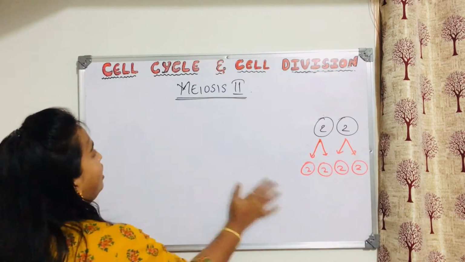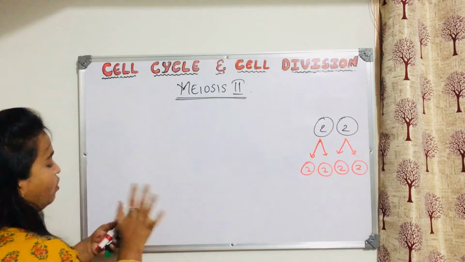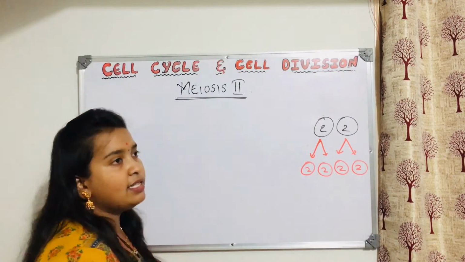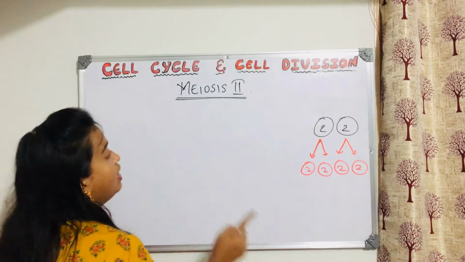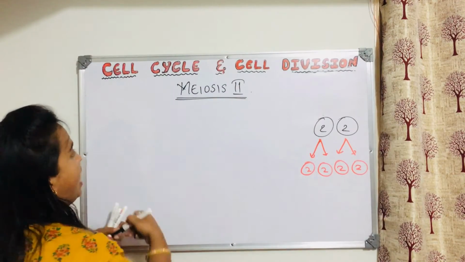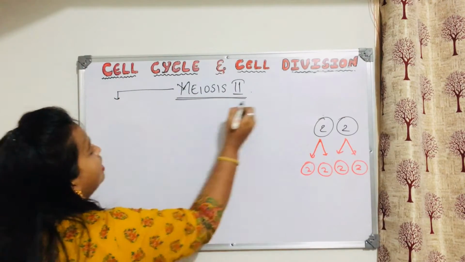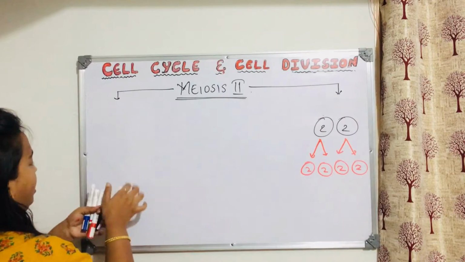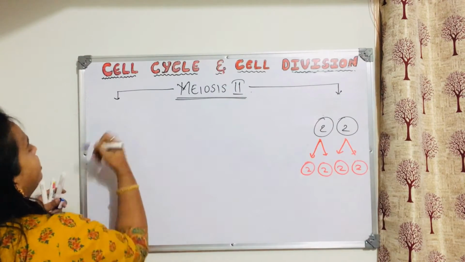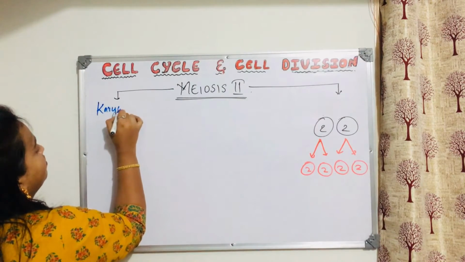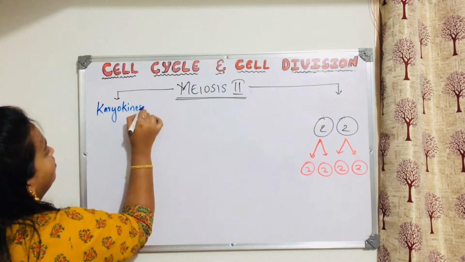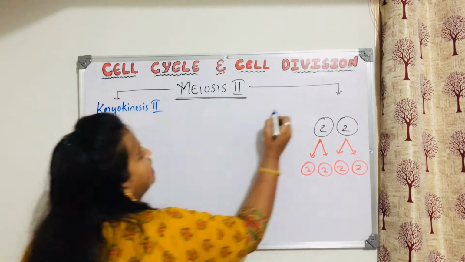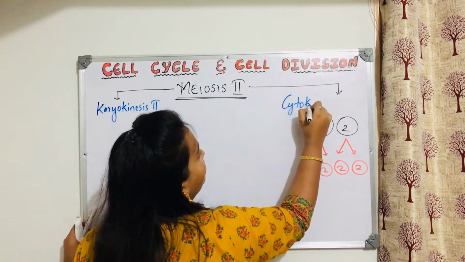Again we know that there is karyokinesis and again cytokinesis, but karyokinesis 2 and cytokinesis 2. Yes or no? It has 2 things. First is karyokinesis 2 and then cytokinesis 2.